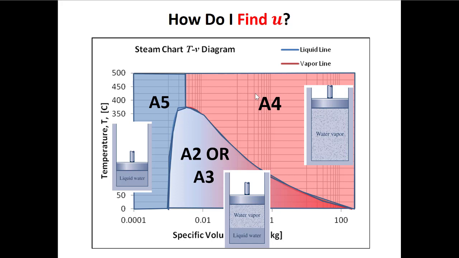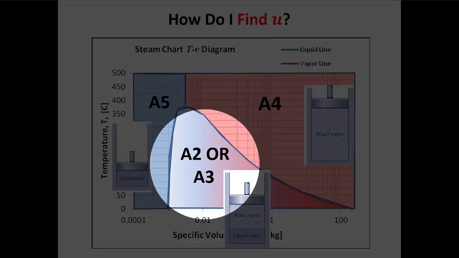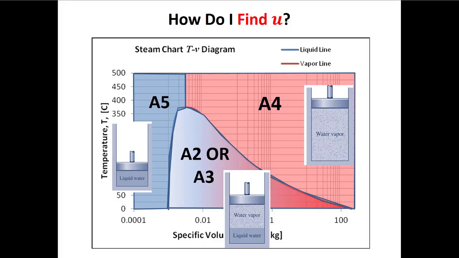So if I'm talking about water, the tables that I want to use run between A2 and A4. The difference between A2 and A3, I believe on A2, you have round numbers for temperatures. So you'll typically use A2 when you have a temperature as one of your pieces of information. And you'll use A3, which has round numbers for pressure on the left-hand column. You'll use A3 when you have pressure as one of your two independent intensive properties that you need to fix your state.